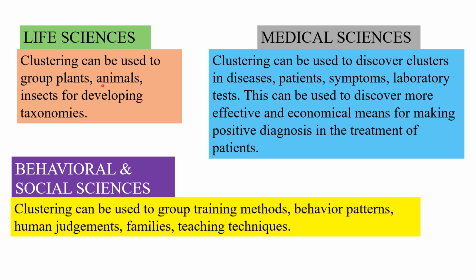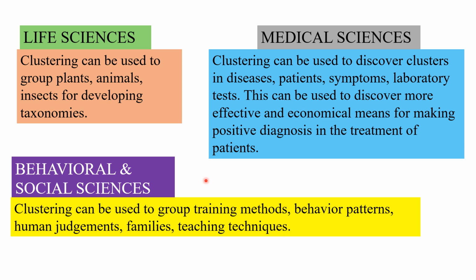In life sciences, clustering can be used to group plants, animals, insects to develop taxonomies. In medical sciences, we can discover clusters in diseases, patients, symptoms, laboratory tests, and this can be used to discover effective and economical means for making positive diagnosis.